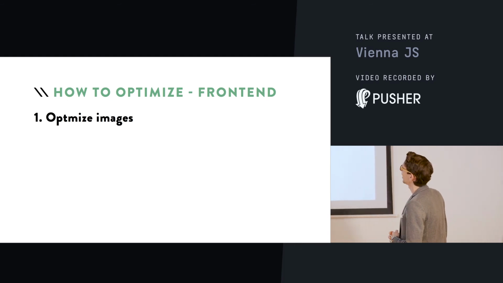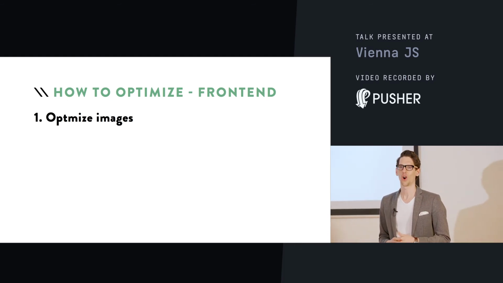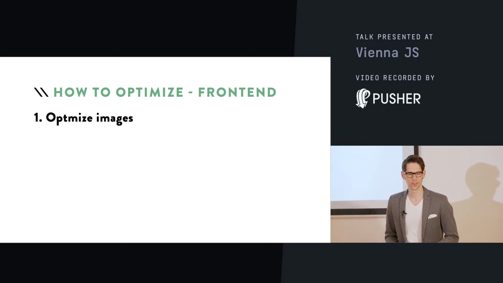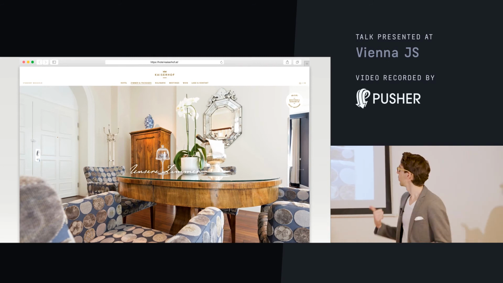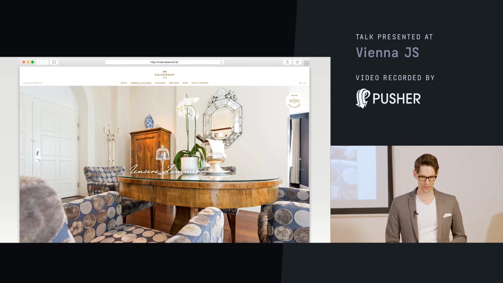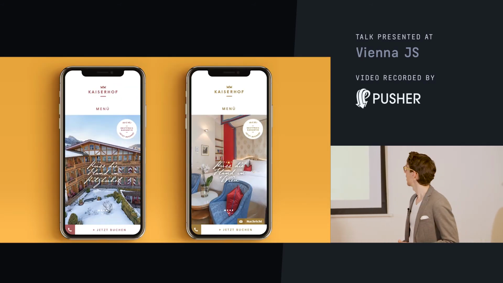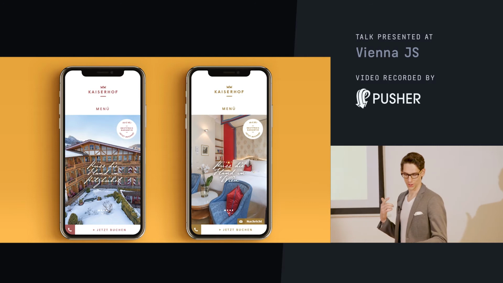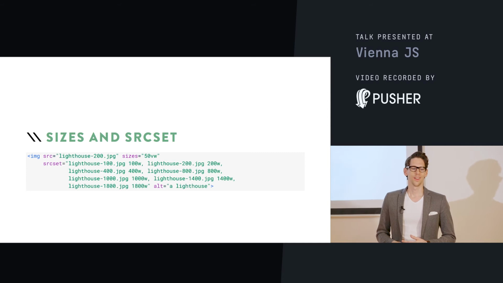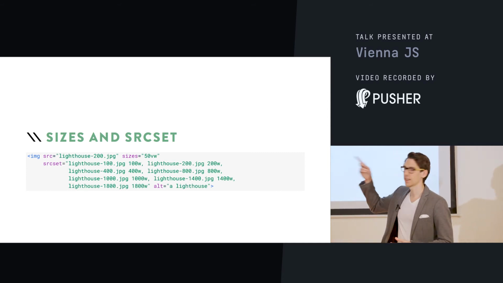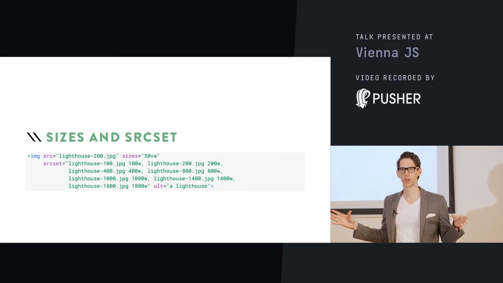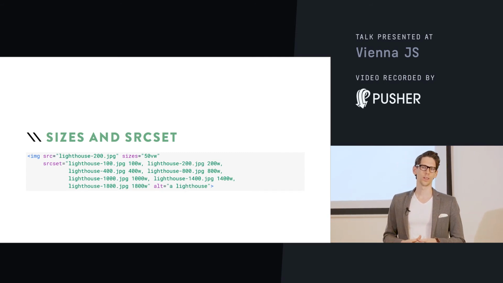So front end, the first obvious one, because it's so much data size, optimize your images. Earlier it was easy, you just compress the image and you're done. But now we have these small screens, and so you need to use responsive images. There are 2 ways of using responsive images. The first one is with sizes and source sets, where you actually define many different sizes of the same image, and the browser just figures out which one it needs.